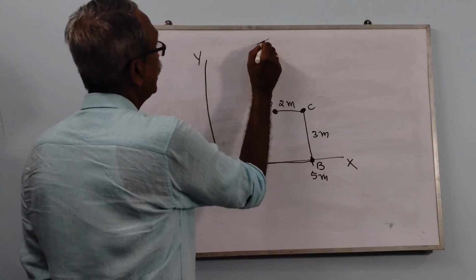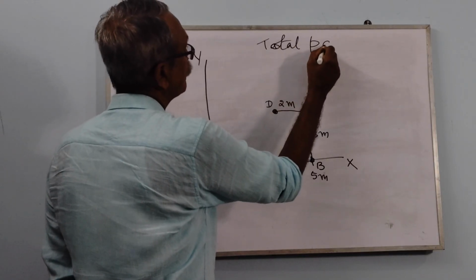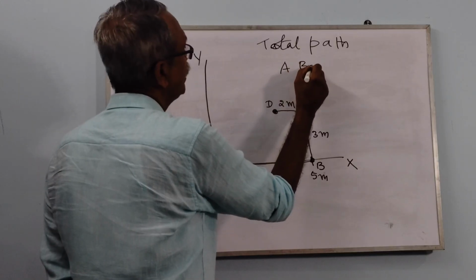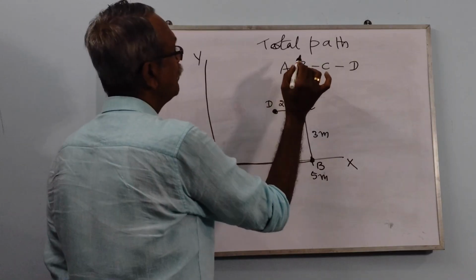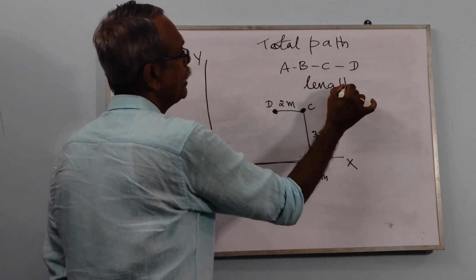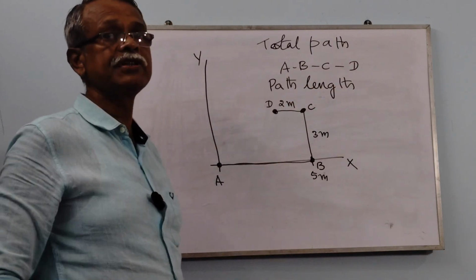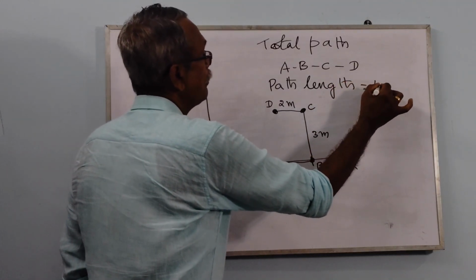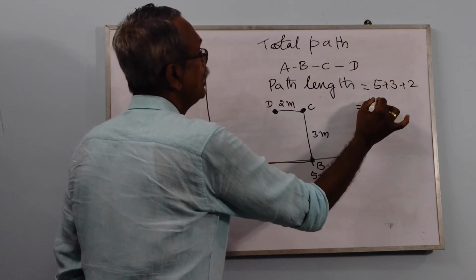So the total path of the particle, starting from A through B through C through D, that path of the particle will have a length which is called the path length of the particle or the distance travelled by the particle, and that is equal to 5 plus 3 plus 2 equal to 10 meter.